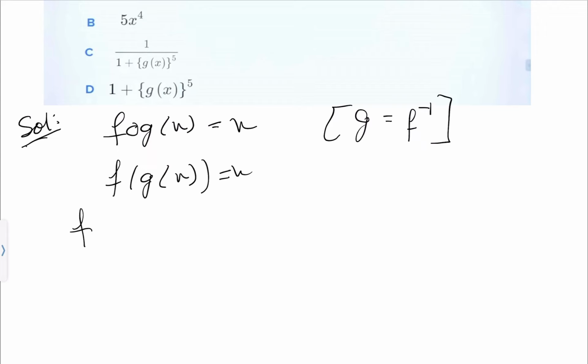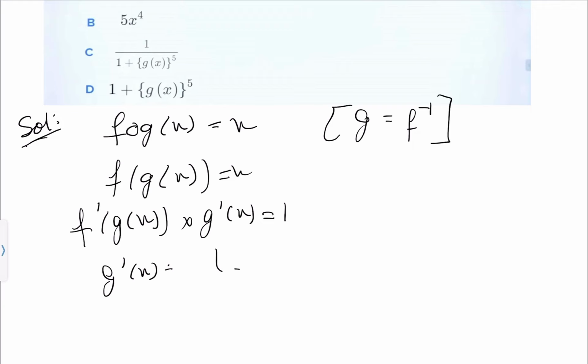So we will differentiate it with the help of chain rule. What we will get is f dash of g of x multiplied by g dash x equals 1, and then g dash x will be equal to 1 upon f dash of g of x.